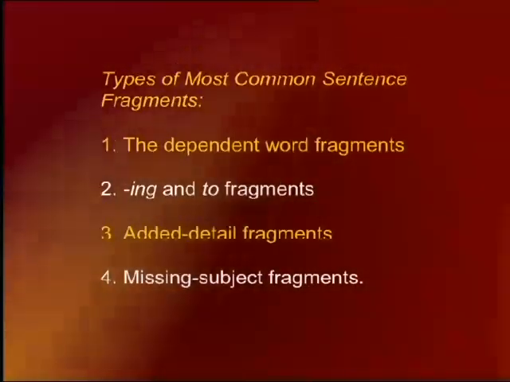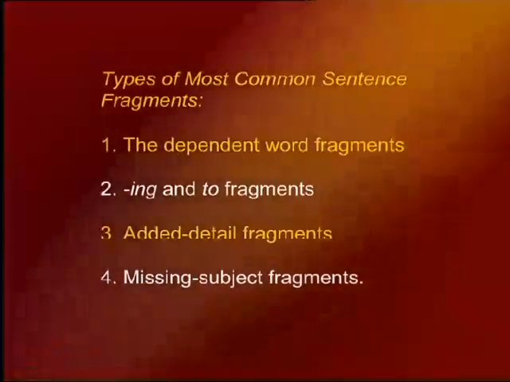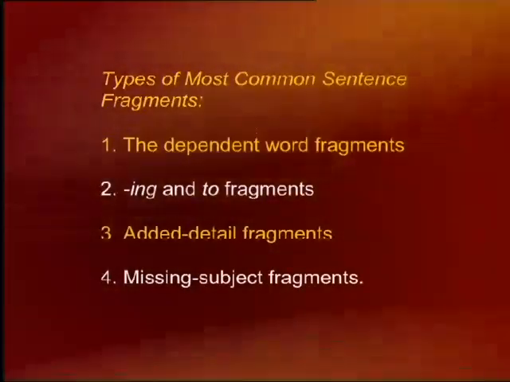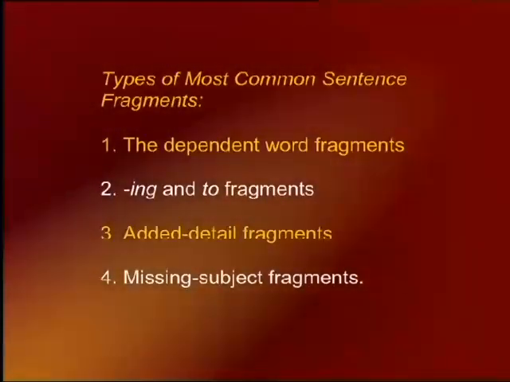And the third is the added detail fragment. And the fourth is the missing subject fragment. These are all different types, and as we go through them, you will have no problem distinguishing one from the other. Now let us look at the first one, the dependent word fragment.